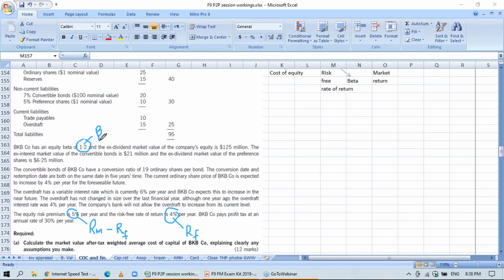let's start with requirement A. Calculate the market value after tax, weighted average cost of capital. So we need to know the cost of capital. So what capital items are present over here? So in this question, we have ordinary shares.